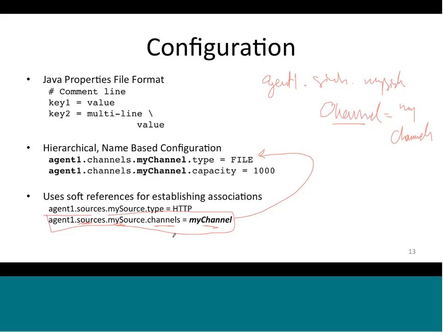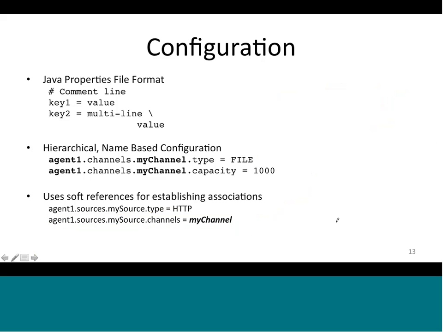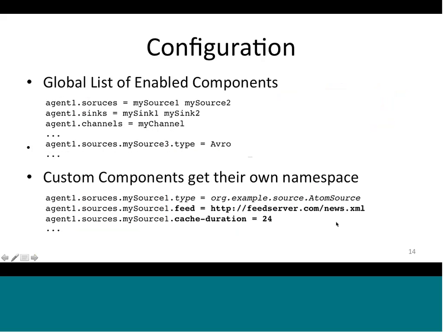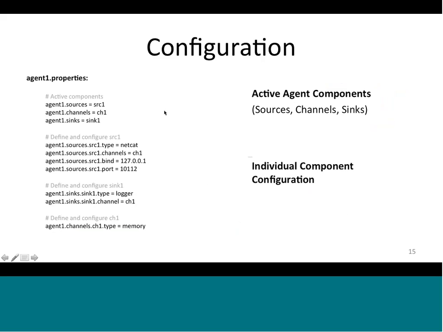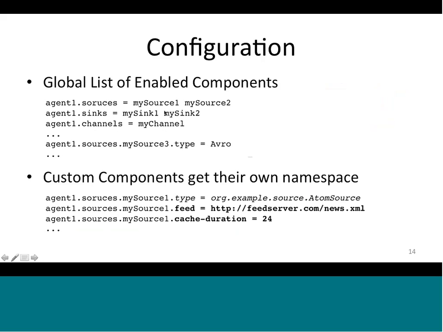Make sense? Now, I can also have channels, my channel 1. Then you define sources, the set of sources, you define the set of sinks, then you define the set of channels.